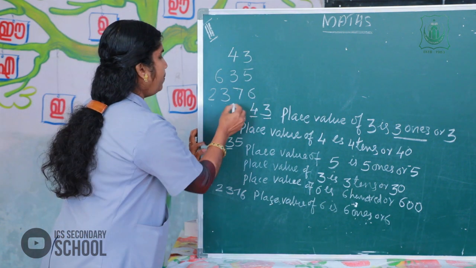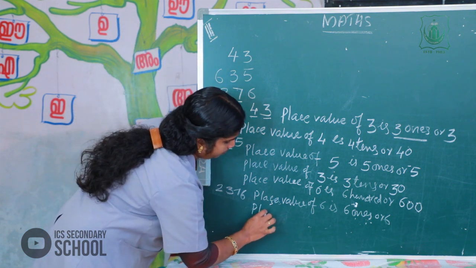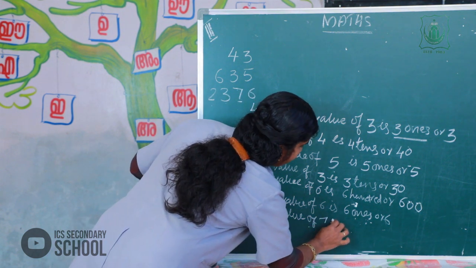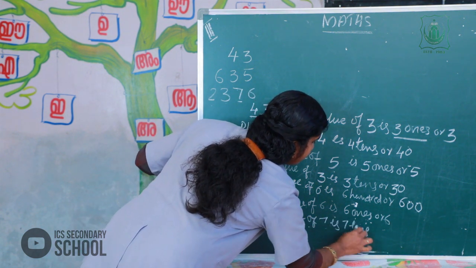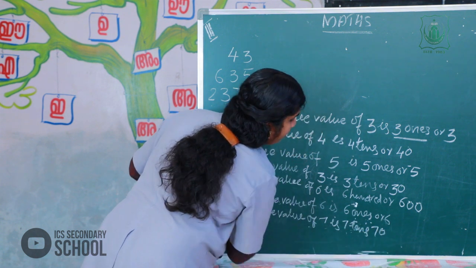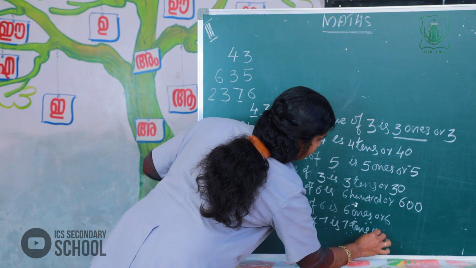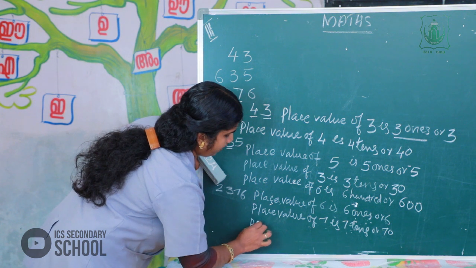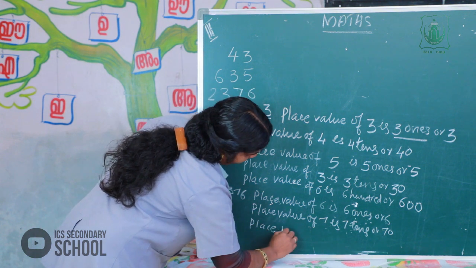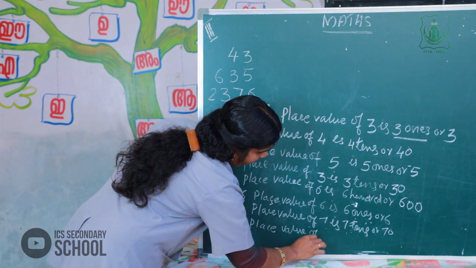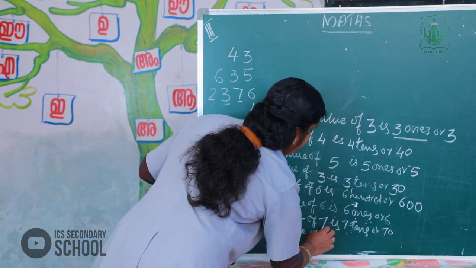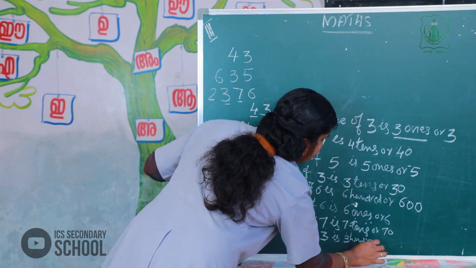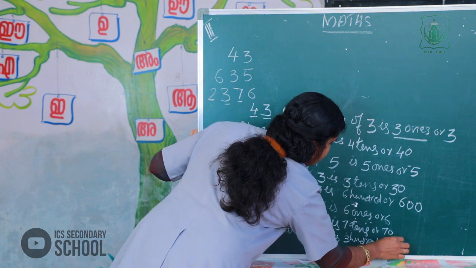The place value of 7 is 7 tens or 70. The place value of 3 is 300.